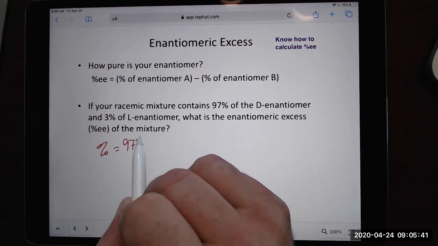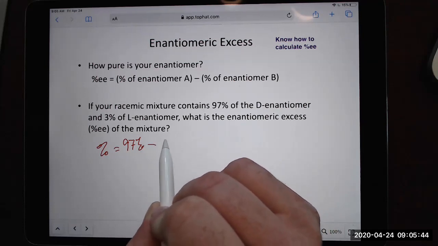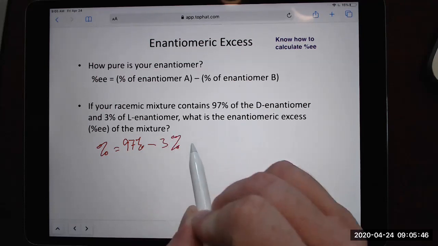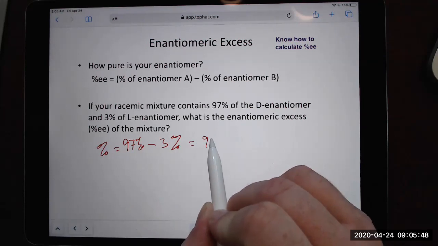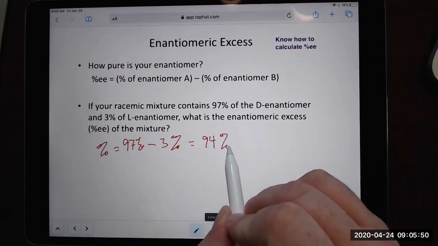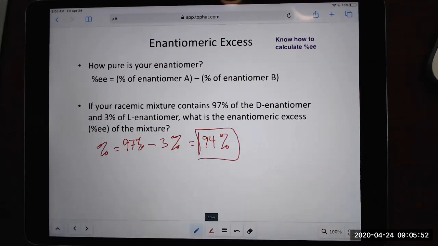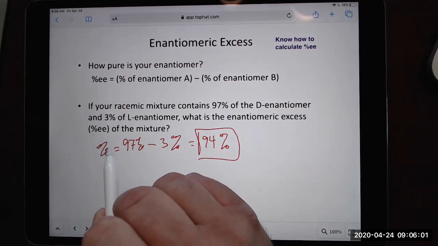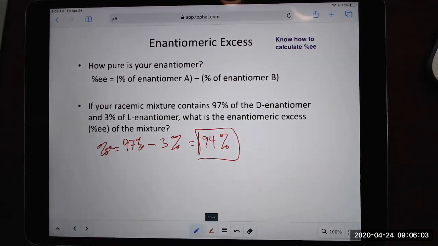In this case, it's 97% minus 3%, so the percent EE would be 94%. That's all it is. It's just the difference between the two. How much more of one enantiomer do you have over the other? So if you see percent EE, that's what they're looking at.